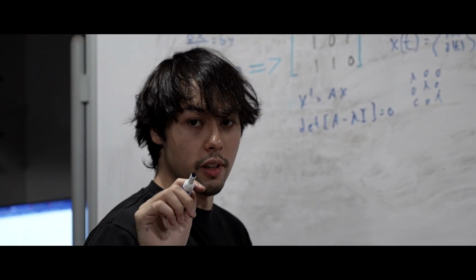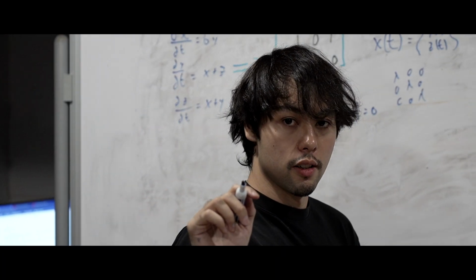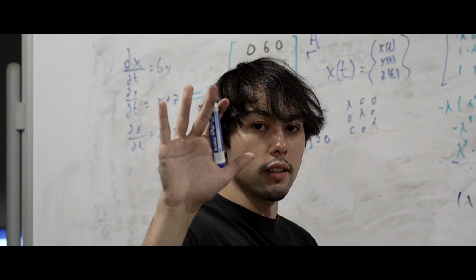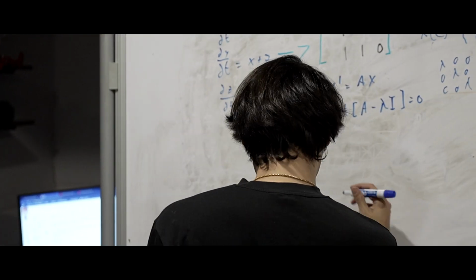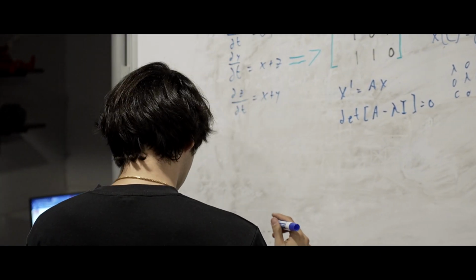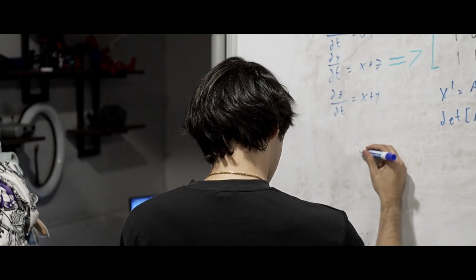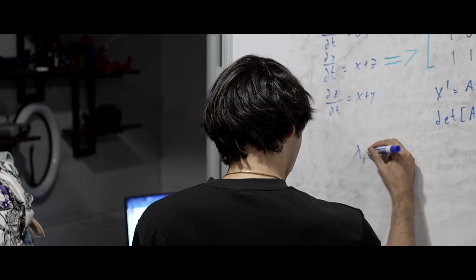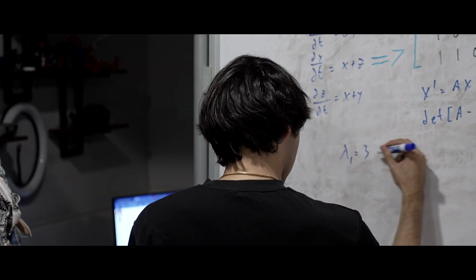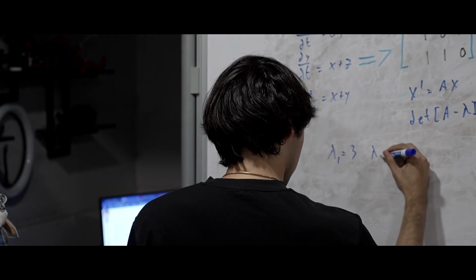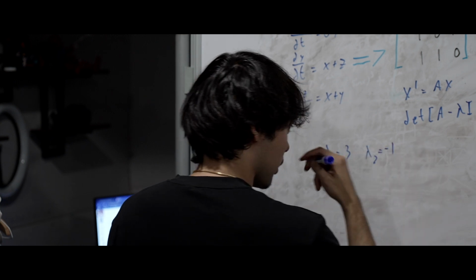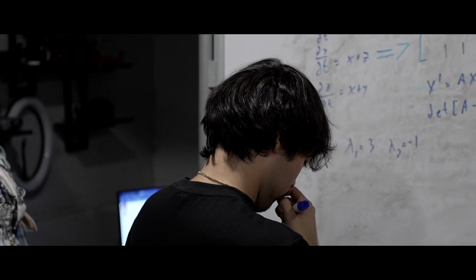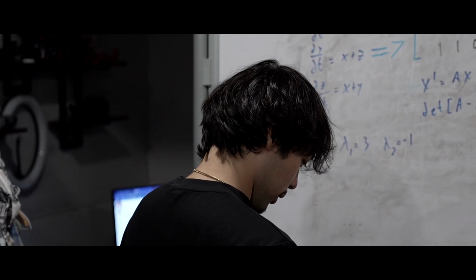Got more space over here. Okay, right there. Yep. Okay. So now we have, let's see, right here. So we have our lambda 1 is equal to 3. Our lambda 2 is equal to, wait, what? I did something wrong. Hold up.